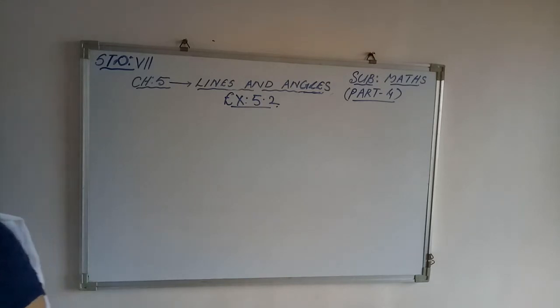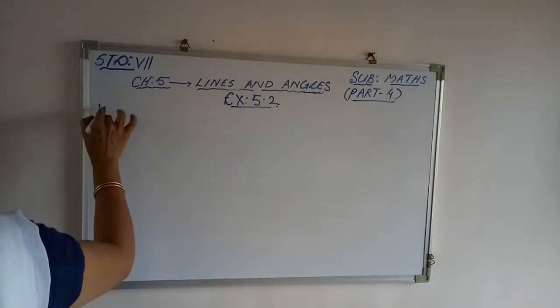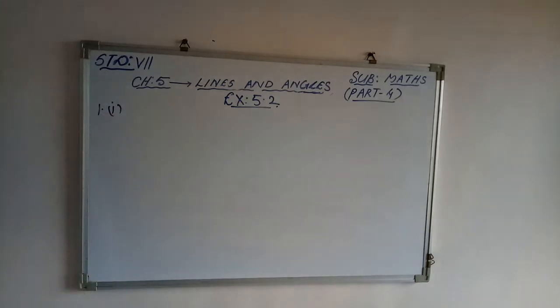See which type of angles angle 1 and angle 5 are. They are the corresponding angles. So in the previous class we learned that when two parallel lines are cut by a transversal, the corresponding angles formed are equal. So what's the first statement you are going to write?